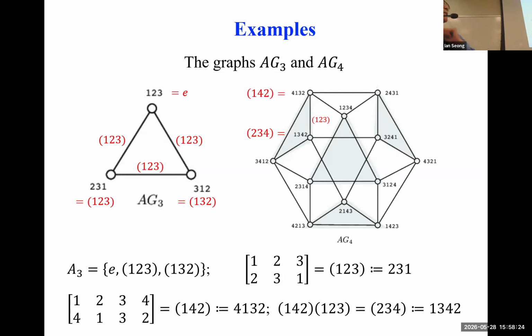If you look at AG5, that will be 60 vertices. So the dimension might be hard. I don't know.